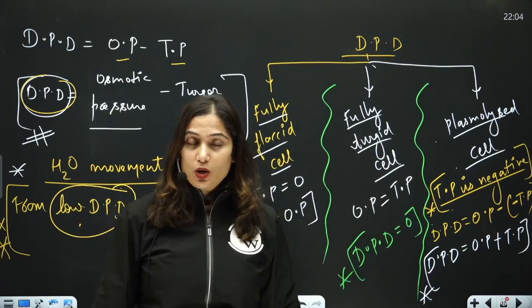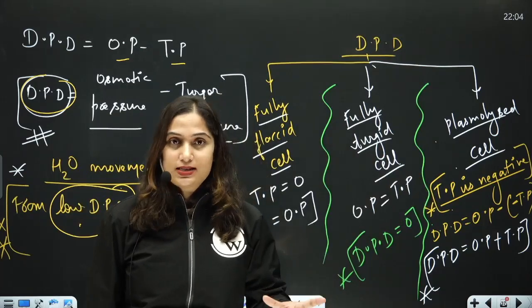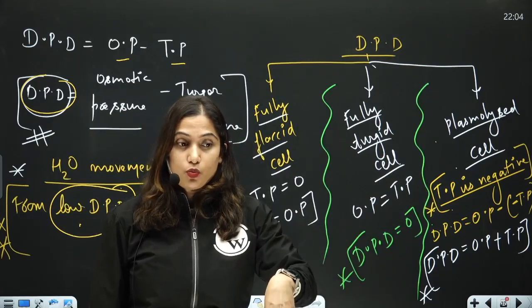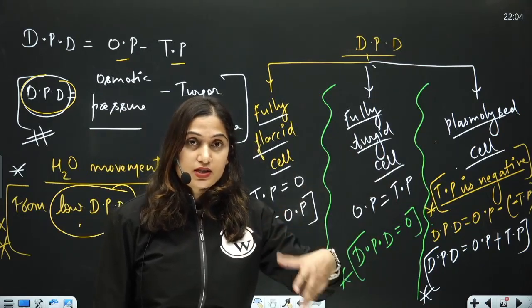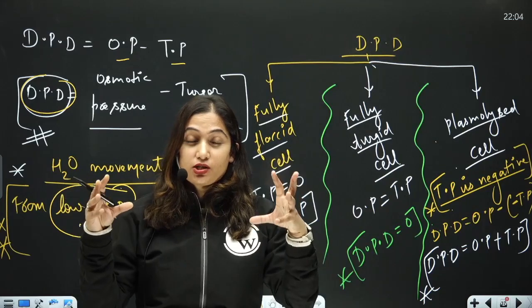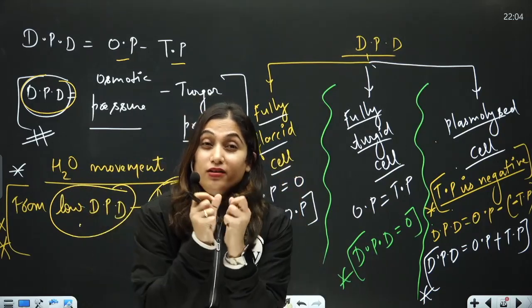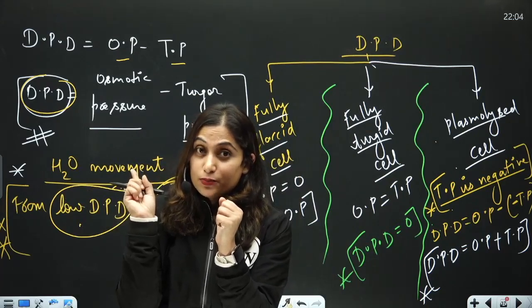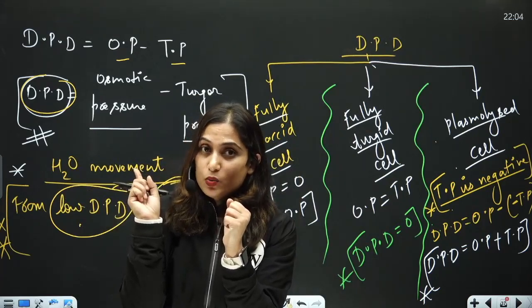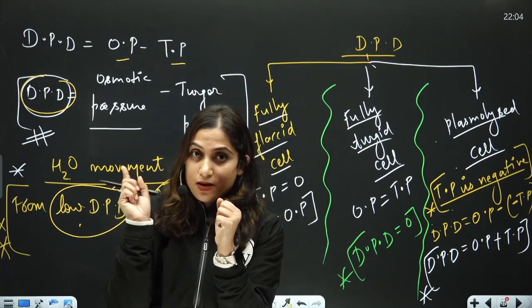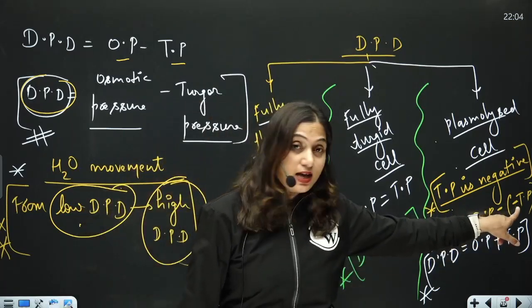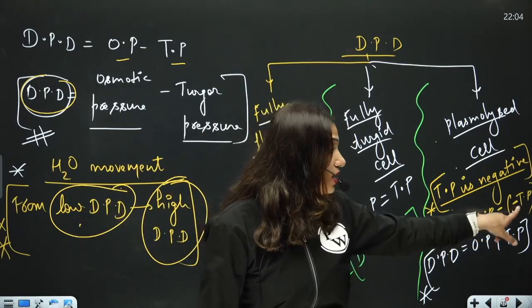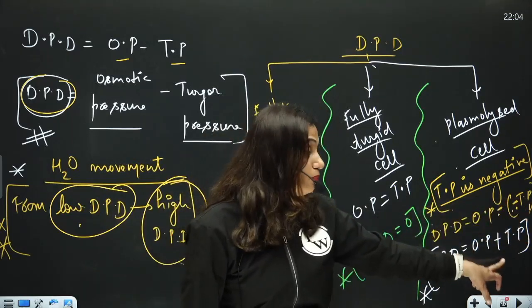But a plasmolyzed cell is a cell in which, if we put a plant cell in a hypertonic solution, all the water goes out of the cell and the protoplast of the cell gets shrunk. So remember, the turgor pressure, the psi p, was negative for a plasmolysed cell. So OP minus TP becomes OP plus TP.